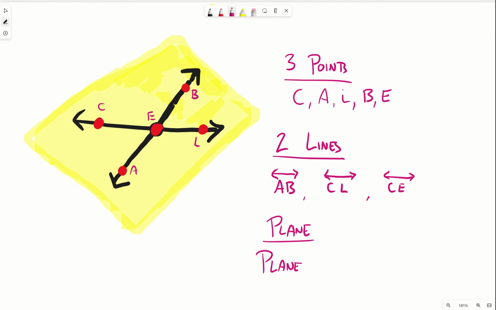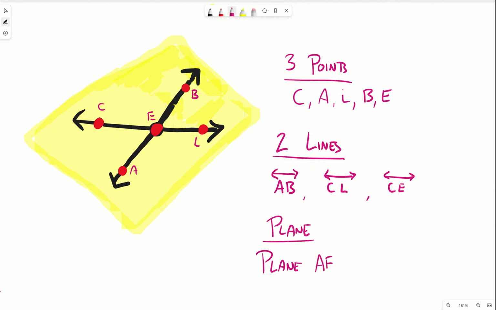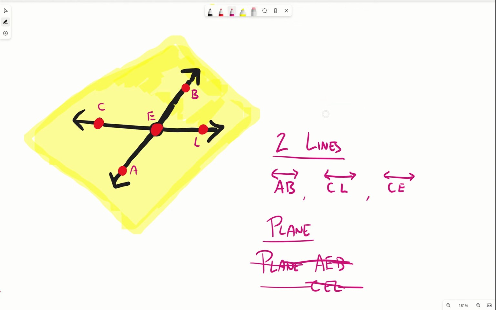So you can do basically anything except for A, E, B, or C, E, L. Don't do those 2 planes. We want any plane where the points are not in a straight line. All right. Okay, what if I still had this figure and I said, all right, figure.